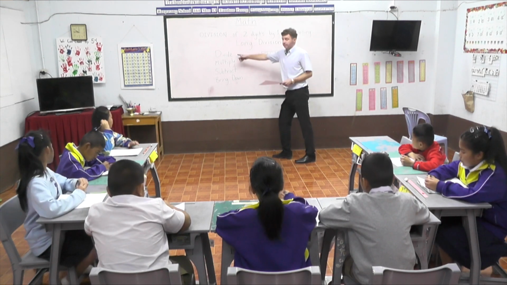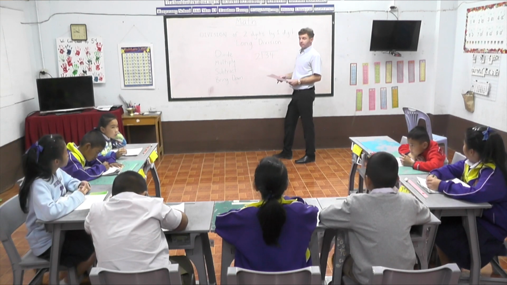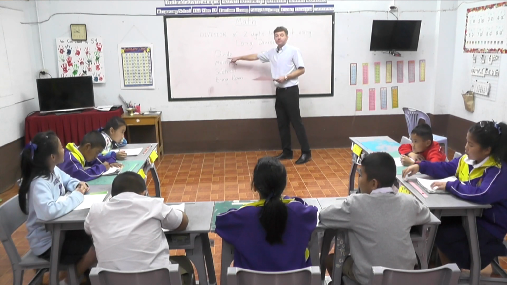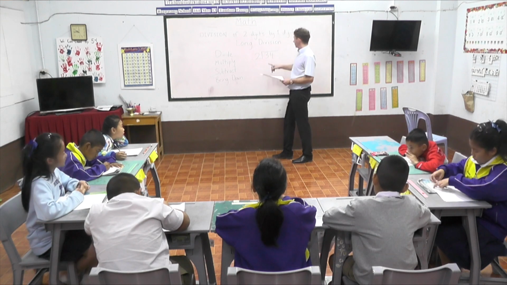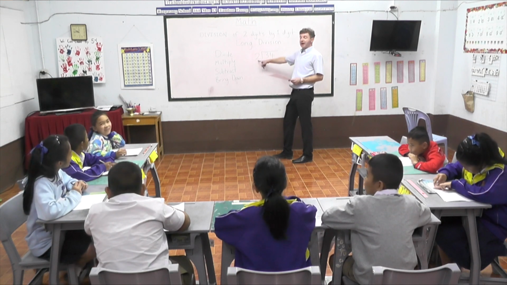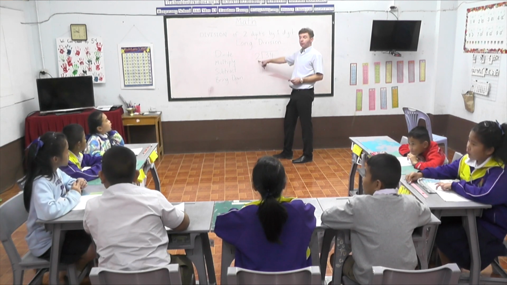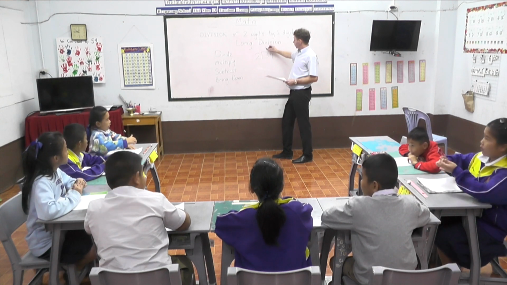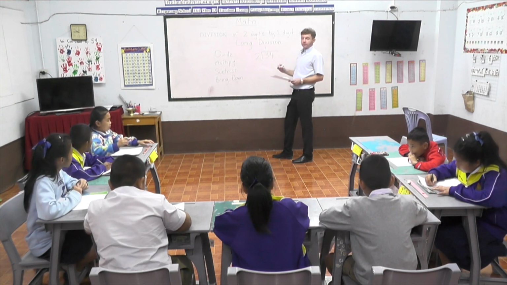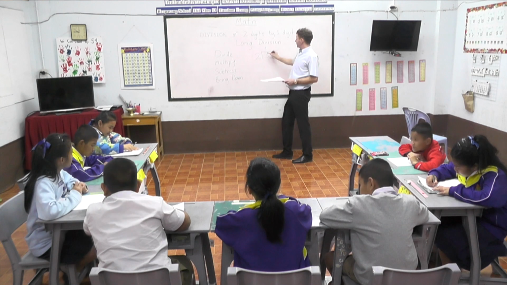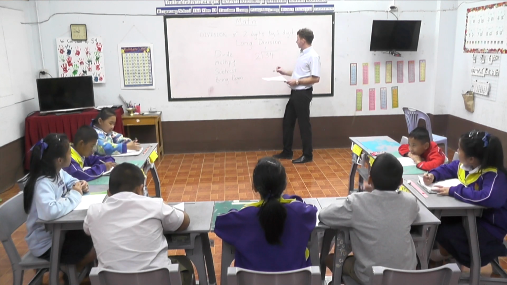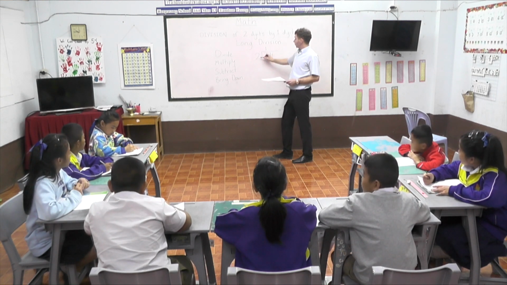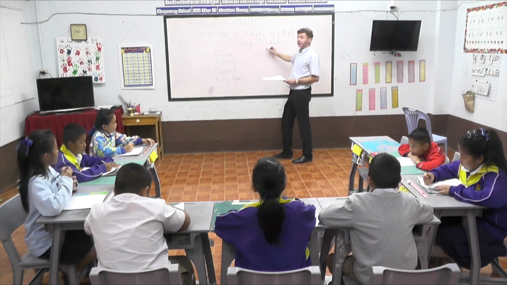Okay. So first step. Divide. 3 divided by 2 equals 1. Okay? And then we have 2 times 1.